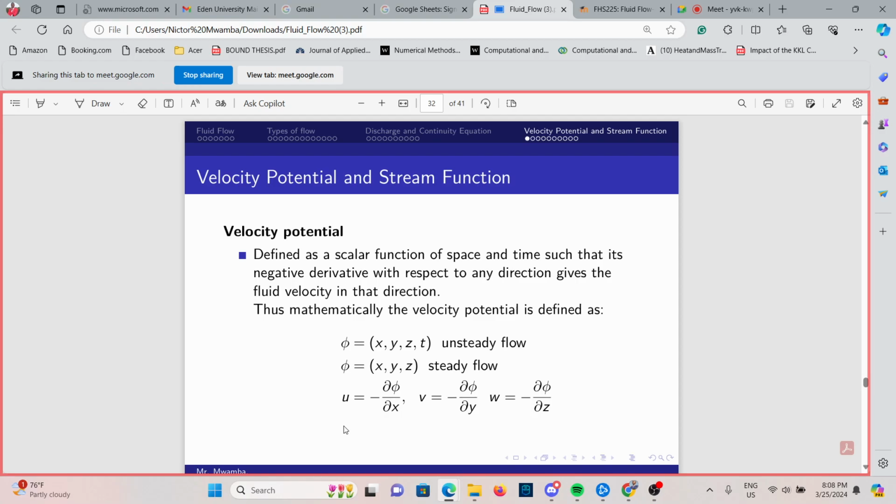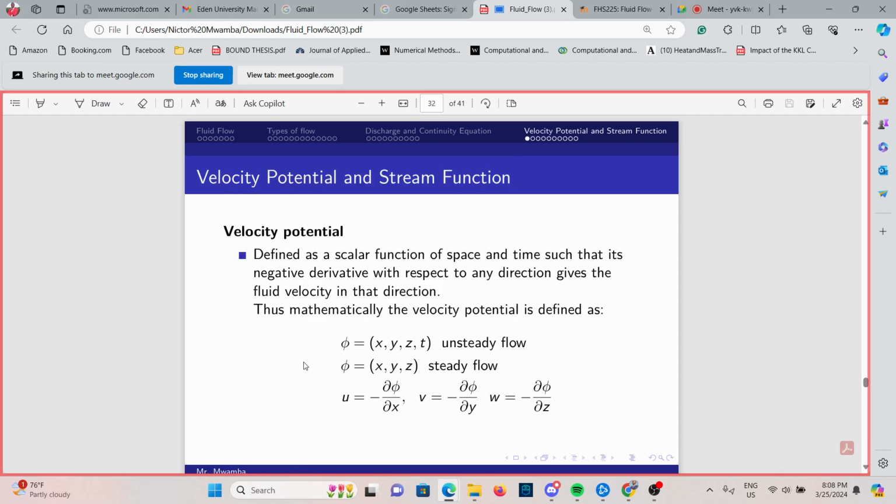The negative derivative of the velocity potential in the x direction gives the actual velocity of the fluid in that direction. For the x variable, we're talking about the velocity along the x-axis. For the y variable, the velocity along the y-axis, and for the z variable, the velocity of the fluid along the z direction.